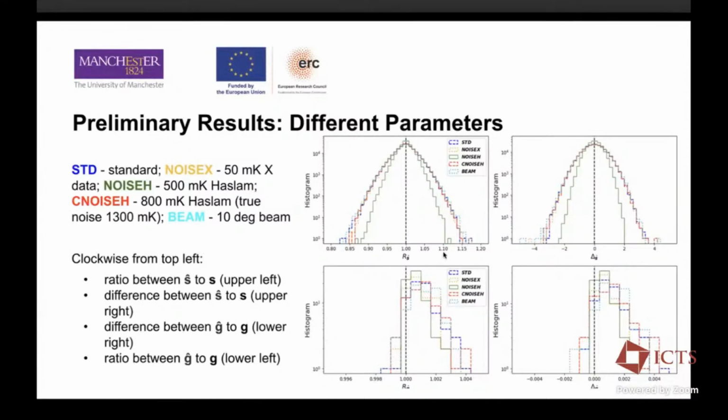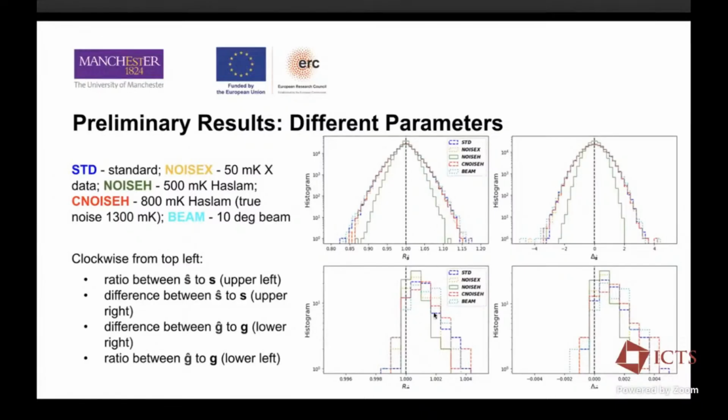As you can see here, you get a tighter constraint when you have lower noise for Haslam. But other than that, the other cases seem to give a similar constraint for the signal. For the signal, the distribution follows a normal distribution.